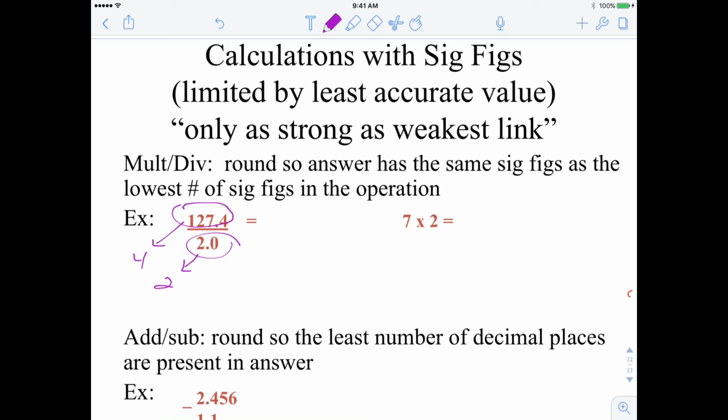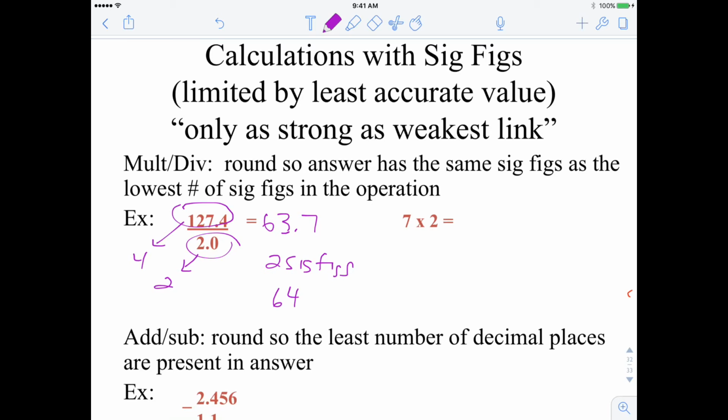In my calculator, I get 63.7. But the rule says that I need to round to the least number of significant figures. That would be 2 sig figs. My answer has 3. So I need to round it to 2 sig figs. So that will give me 64. I round up.